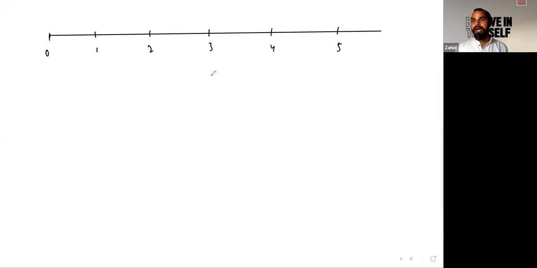So 3 seconds after 2 seconds means this is your starting point, and we have to calculate distance after it for 3 seconds. So it means distance from this point to this point. Okay, Khalid?